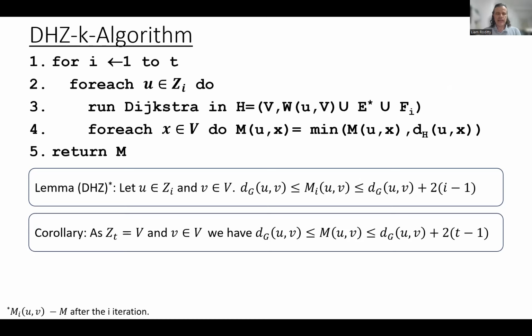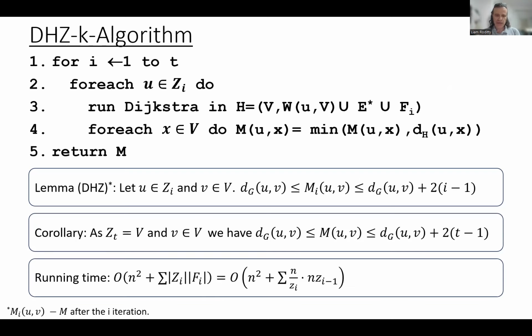And since in the last iteration the set Zt is simply V, if we plug it into the lemma, we get that the approximation is 2 times t minus 1, and 2 times t minus 1 is simply our k, and t is the size of the hierarchy that we have.